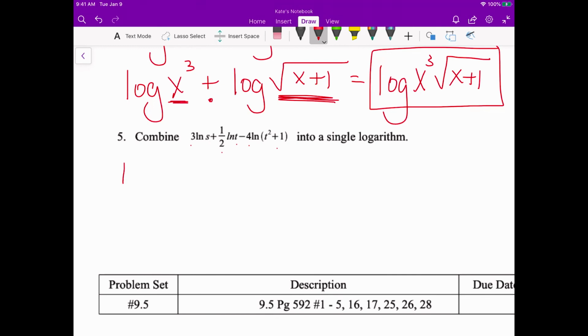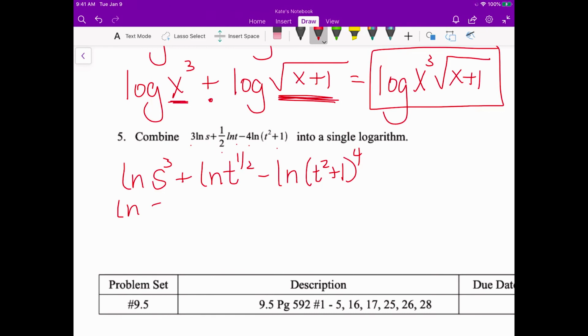This gives us the natural log of s to the third plus the natural log of t to the 1/2 minus the natural log of t squared plus 1 to the 4th. Again, I'm going to remember that a power of 1/2 is the same thing as a square root. So this will become the natural log of s to the third plus the natural log of the square root of t minus the natural log of t squared plus 1 to the 4th.